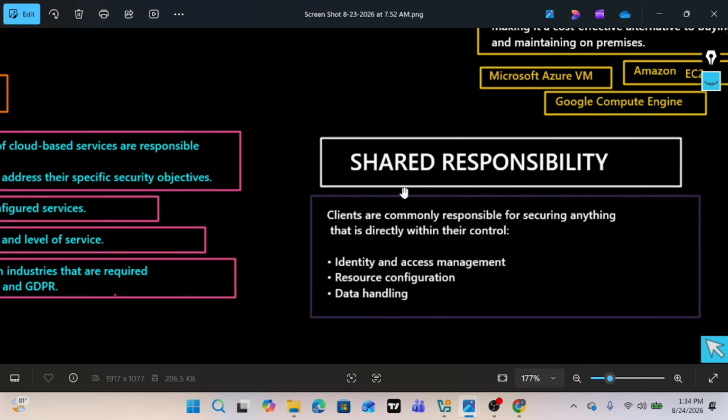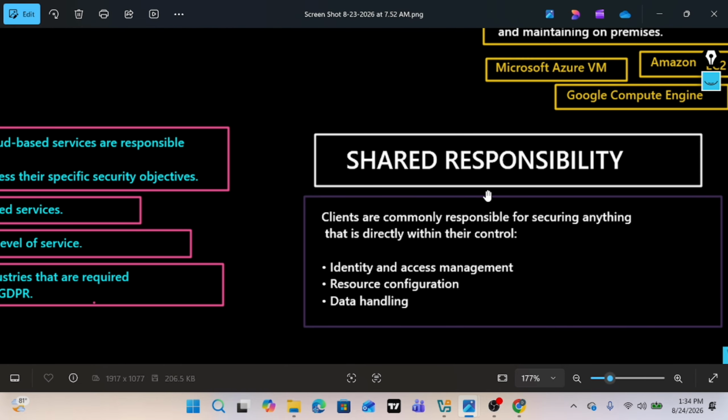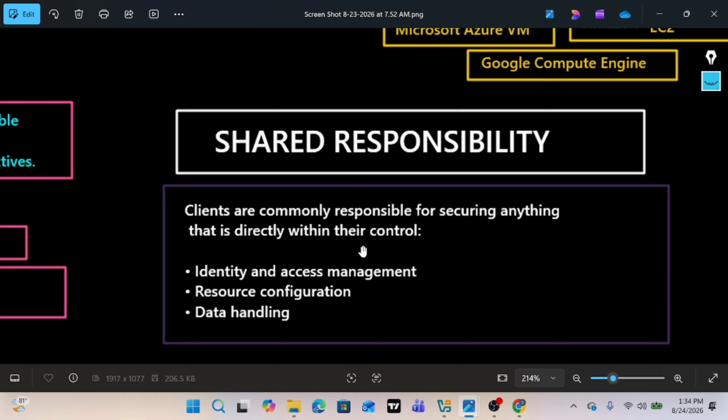Now, of course, there is this principle of shared responsibility, where the cloud service provider's customer, the CSP customer, an organization using the services of these CSPs, has shared responsibility. There's responsibility meant for the customer and responsibility meant for the CSP, which is the cloud service provider.